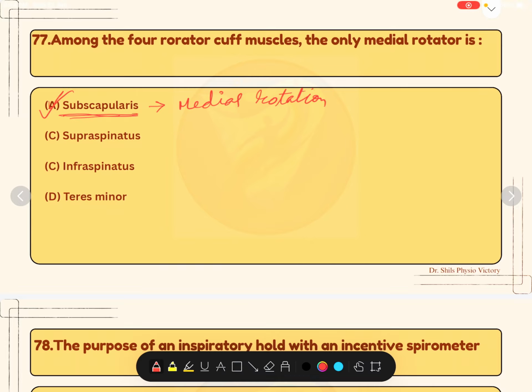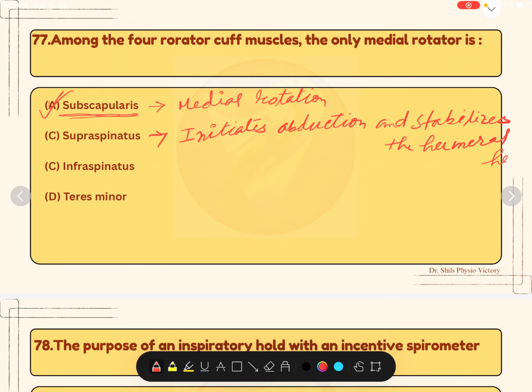The other muscles: supraspinatus basically initiates abduction and stabilizes the humeral head.